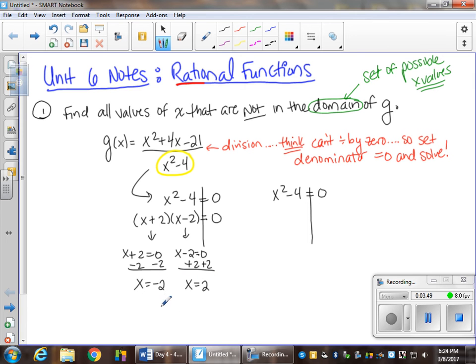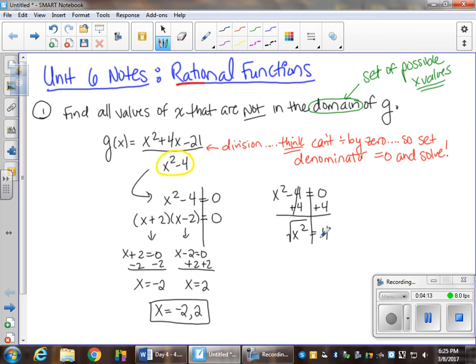So in ALEKS, I would type in negative 2, comma, positive 2. Or, because there is no b term, I just have an a term, ax squared, and my c term, I can solve using square roots. So I can add 4 to both sides. Now I have x squared equals positive 4.